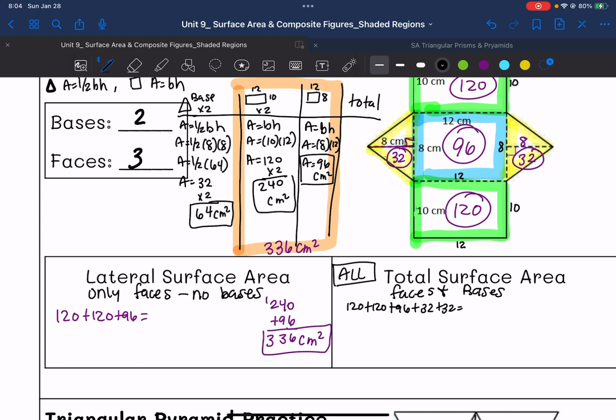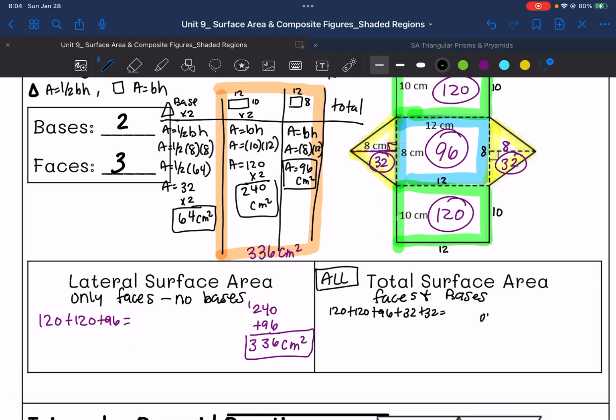And you would add all of that together to get your answer, right? Or you could just do 336 plus 64. That's 400 centimeters squared. Okay, done.